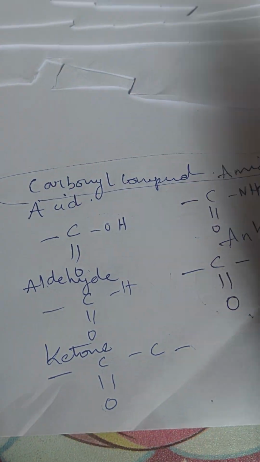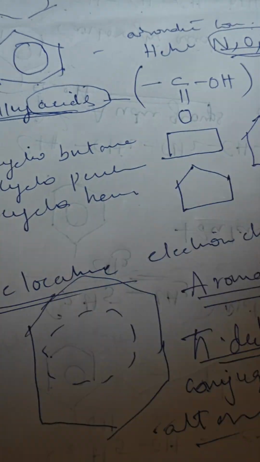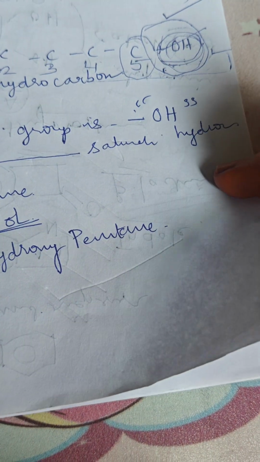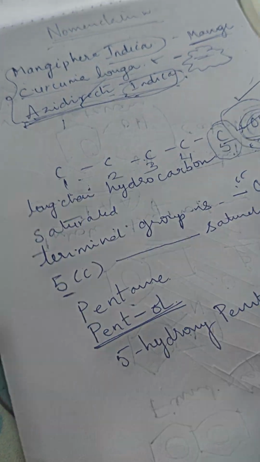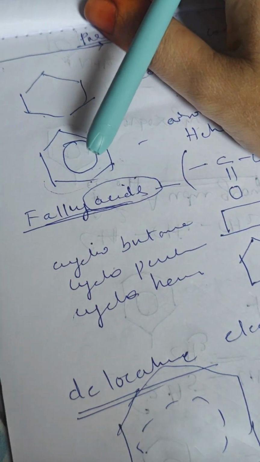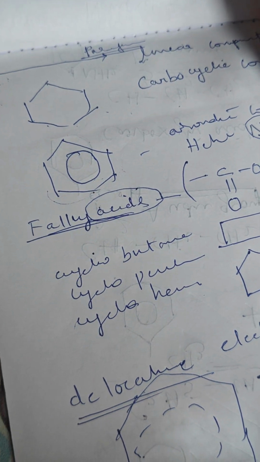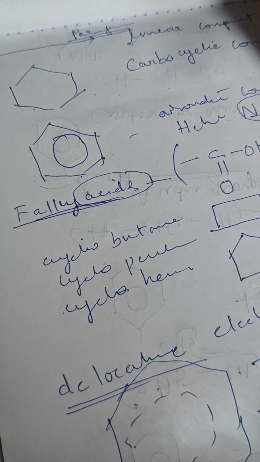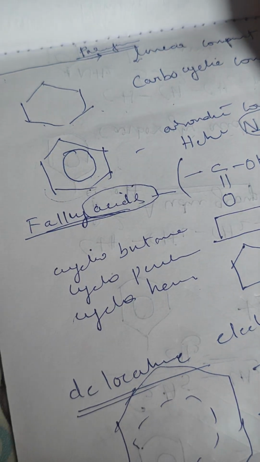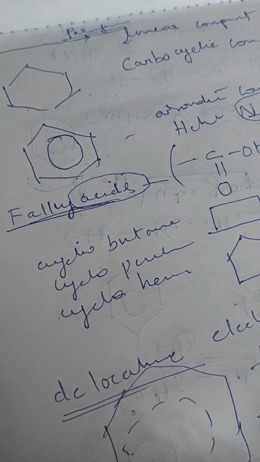Okay, so this is how we have to categorize all the nomenclature. There is a parent chain and there is a functional group. Which functional group? Alcohol, acid, aldehyde, ketone, carbamide, and all these things.